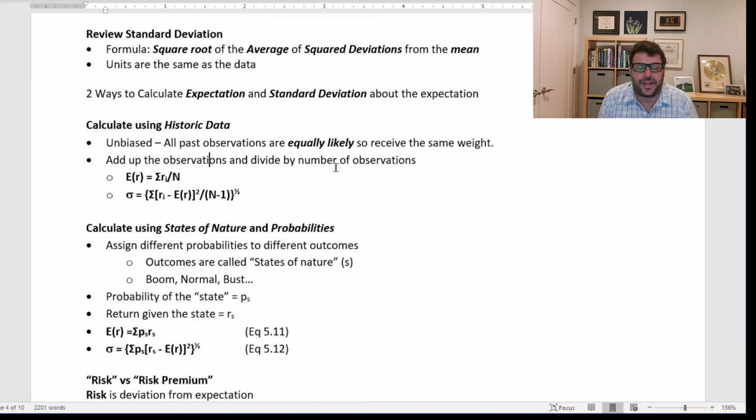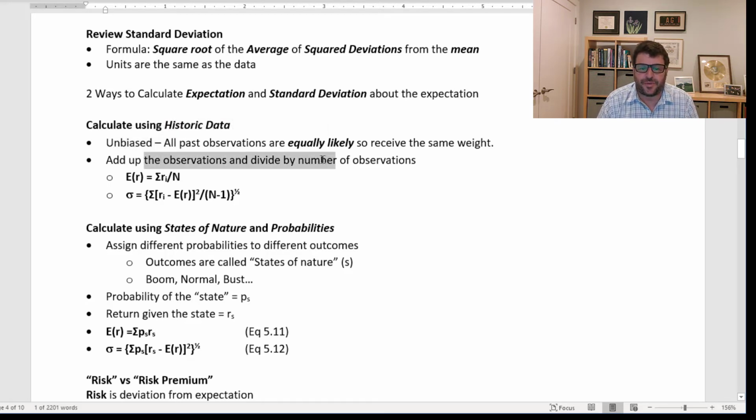I don't have any reason to believe that the conditions in one year that caused a specific observation is more likely to happen or less likely to happen than the conditions that cause a different observation. And so if all past observations are equally likely, I have an unbiased sort of estimate.